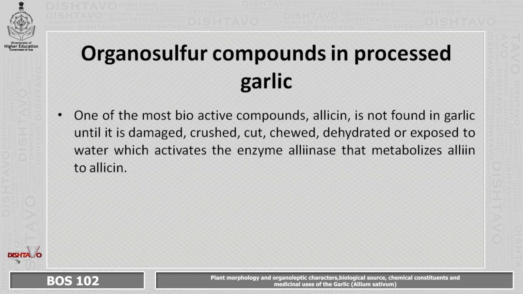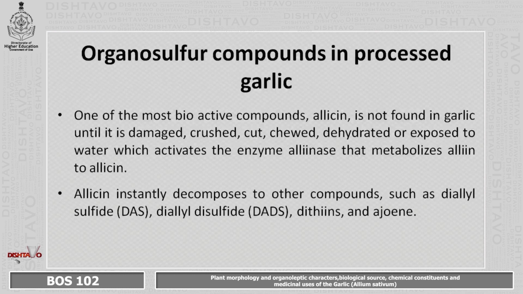It is found only when garlic is damaged, crushed, cut, chewed, dehydrated or exposed to water, which activates the enzyme alliinase that metabolizes alliin to allicin. Allicin instantly decomposes to other compounds such as diallyl sulfide DAS, diallyl disulfide DADS, ajoene and dithiins.